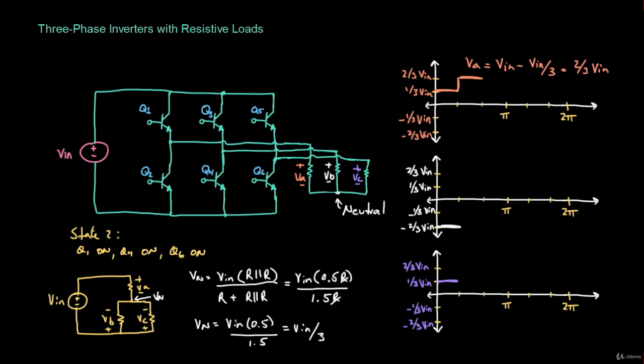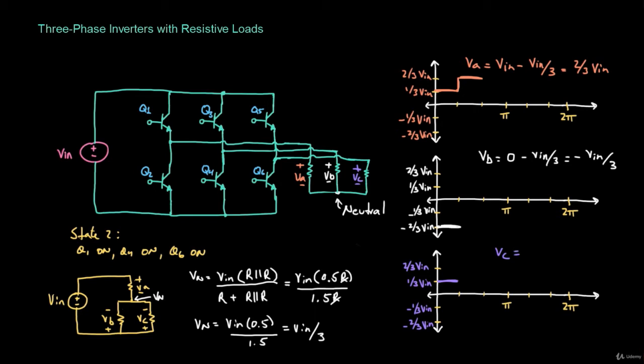And now let's calculate VB. The positive terminal of VB is still connected to the negative terminal of Vn, which we're taking as the reference. So it's going to be equal to 0 minus the neutral, which is Vn over 3. So VB is going to be equal to minus Vn over 3. And let's also calculate VC.